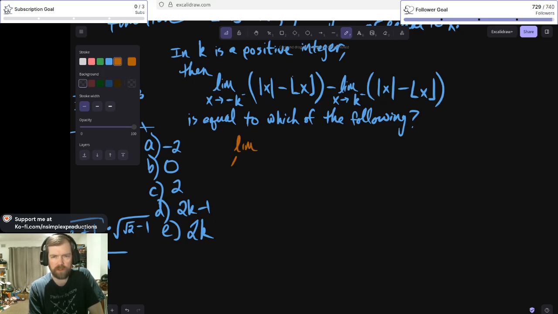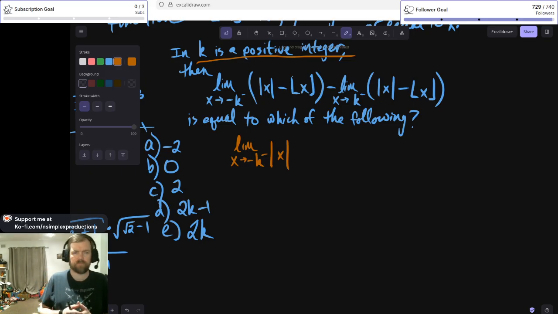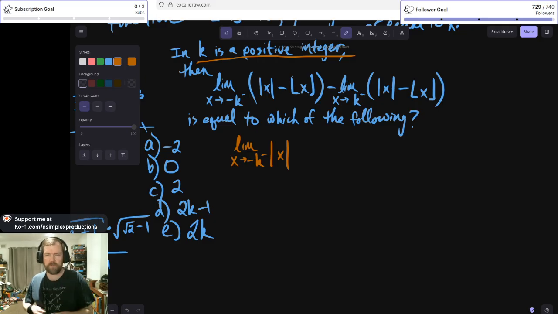Alright, so this is the limit as x goes to -k from the negative side, where k is a positive integer, of the absolute value of x. Now, we should be able to just break this up and say that our limit is x going to -k from the negative side of absolute value of x, and also subtracting the limit as x goes to -k from the negative side of the floor function of x.